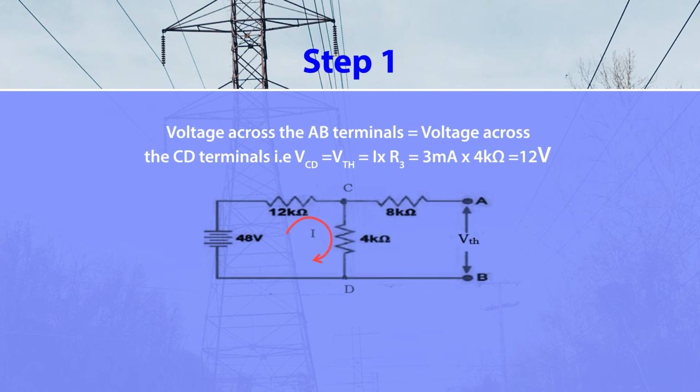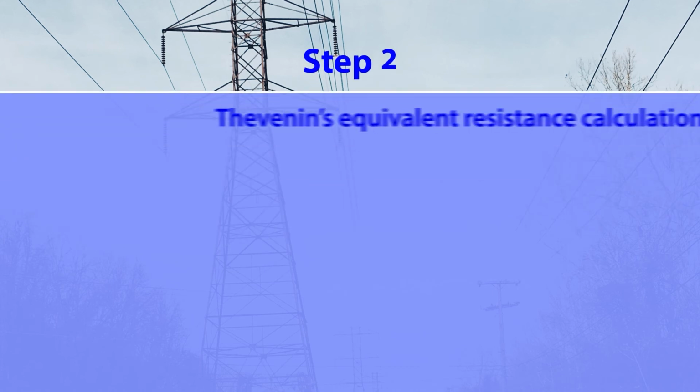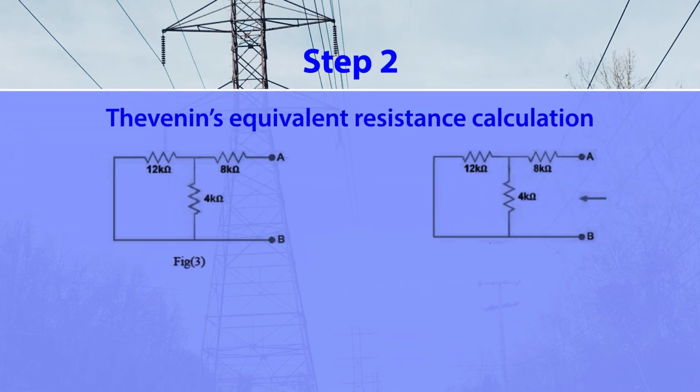It can be calculated as current multiplied by resistance R3, that is 4 kilo ohm. The value of I is 3 milliampere and the resistance in branch CD is 4 kilo ohm. So 3 milliampere into 4 kilo ohm comes to 12 volt. So the value of the Thevenin voltage is 12 volt.